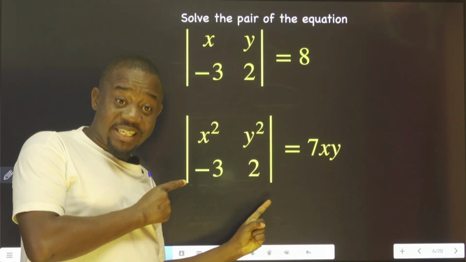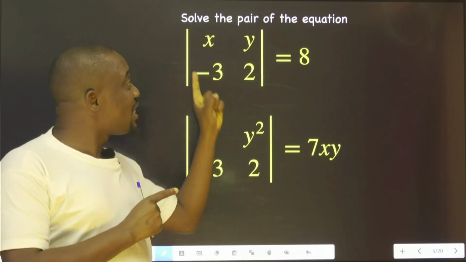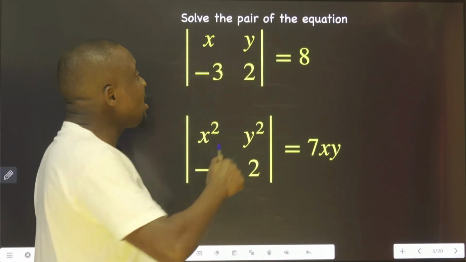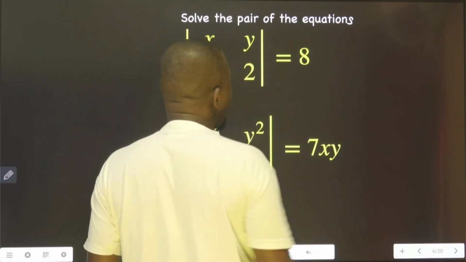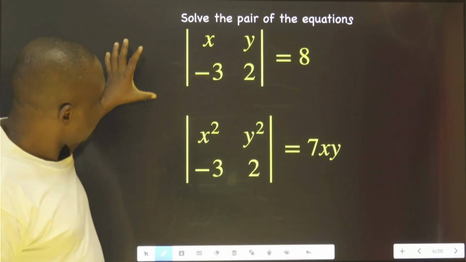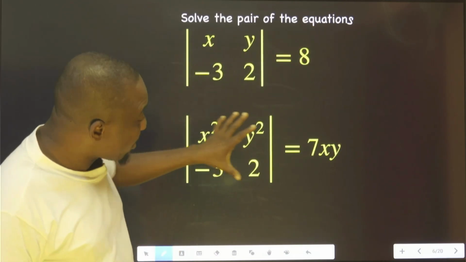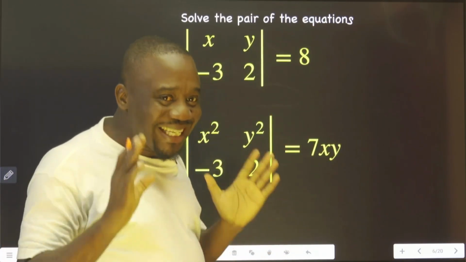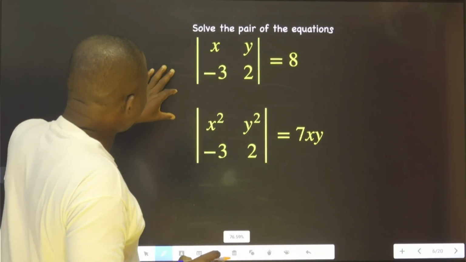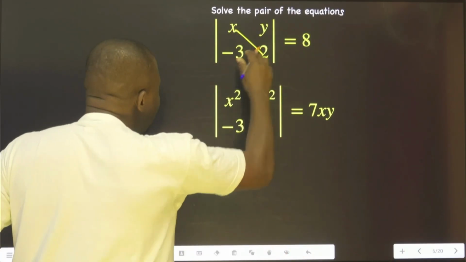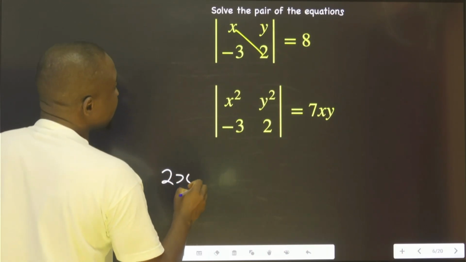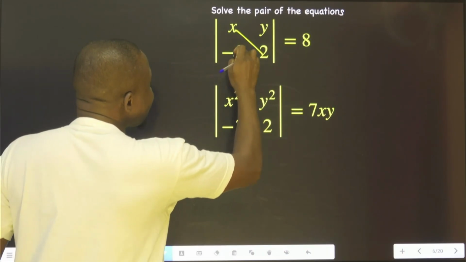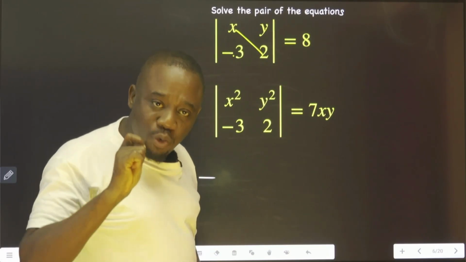Look at this. We are asked to find the pair of these equations. This will be equation 1, this will be equation 2. With this bar, we are asked to find the determinant. That is, 2x minus this multiplied by this, which is minus 3y.